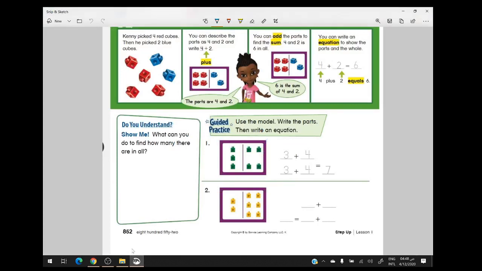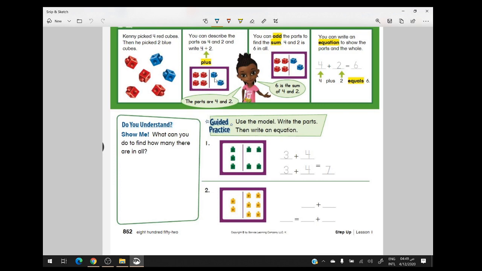Okay guys, so as we saw in the video, it's telling us about describing how many red cubes and how many blue cubes, and we want to make an equation using these different colored cubes. Kenny picked 4 red cubes, then she picked 2 blue cubes. So how many cubes in all did she have? We separated the 4 red cubes alone, and we separated the 2 blue cubes alone.